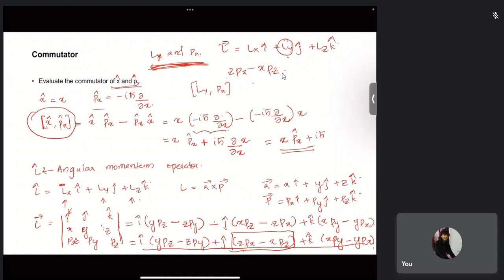Okay. The next question is based on the Heisenberg uncertainty principle. A particular molecule undergoes transition between a ground state and excited states.